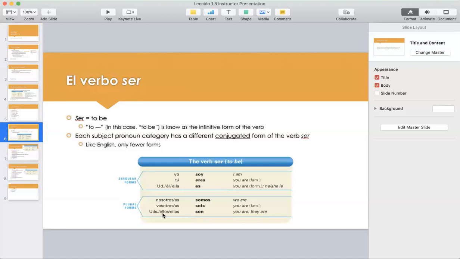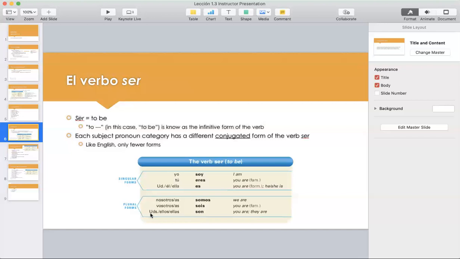If I say ellos son, it still means they are, as in all masculine. So again, how do I know if it's feminine or masculine? It's implied, it's a situation. So if I say son Maria y Ana, of course I'm implying that they are, the girls are Maria and Ana. If I say son profesores, of course it's implied that I'm saying they're male professors.